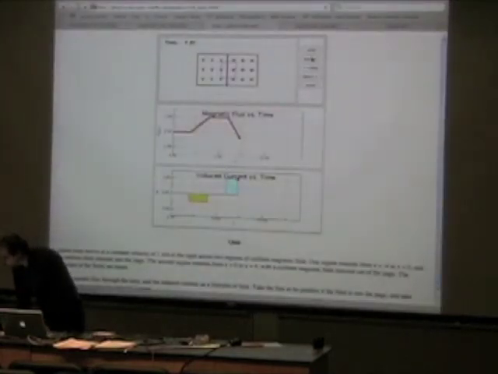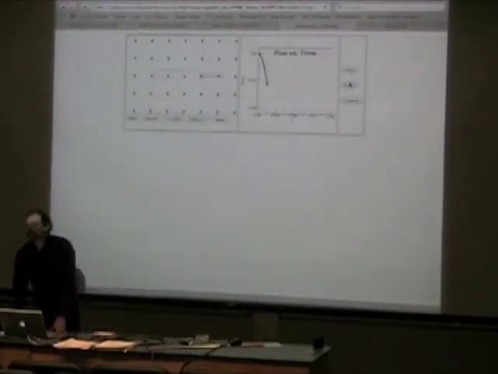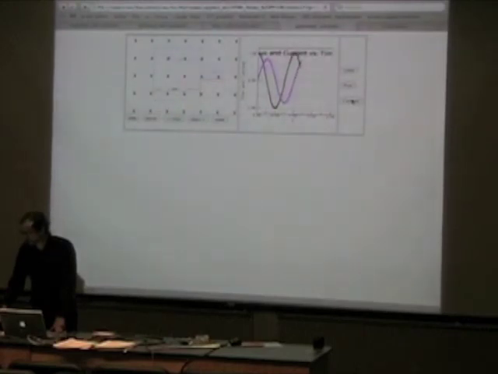So we can stop here. When the loop rotates, the flux changes with time. When the flux changes with time, we know that the slope is related to EMF. EMF over resistance gives the current.